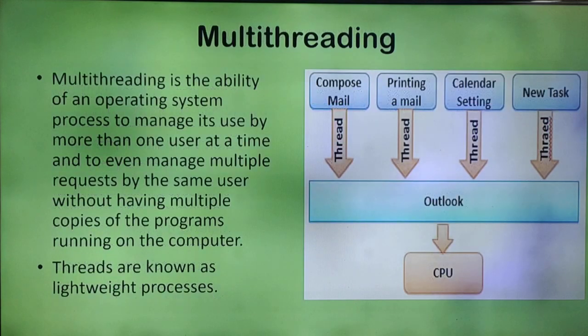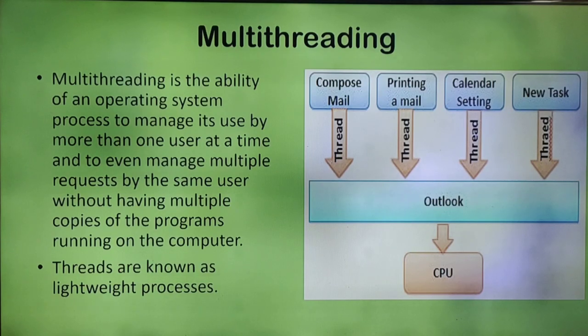Next concept of operating system is multithreading. A thread is a flow of execution through the process code with its own program counter that keeps track of which instructions to execute. A thread is also called a lightweight process.